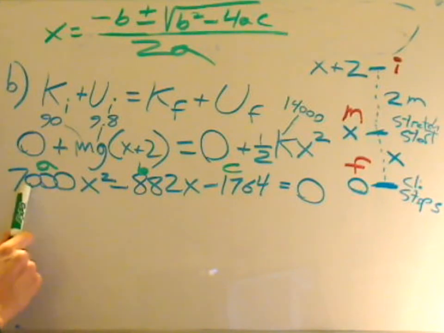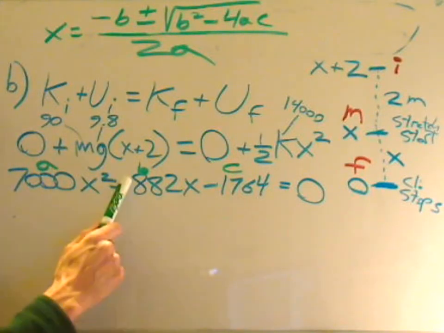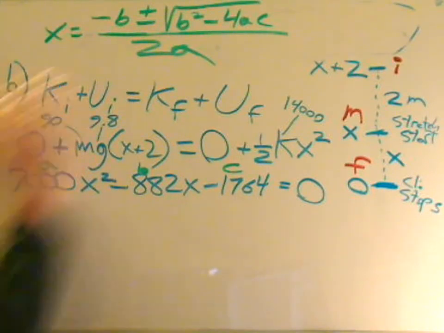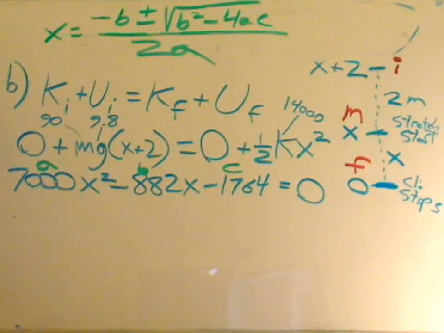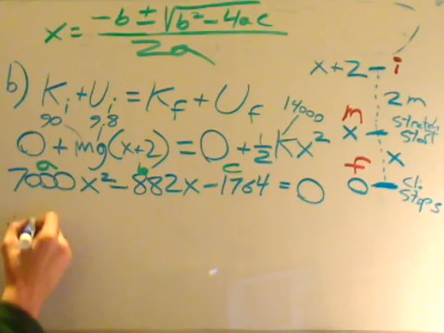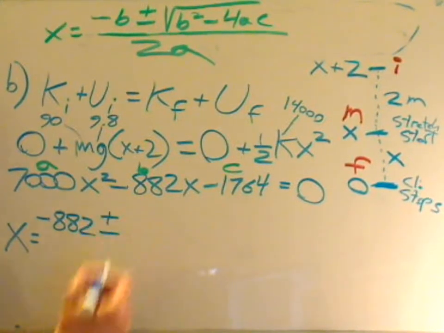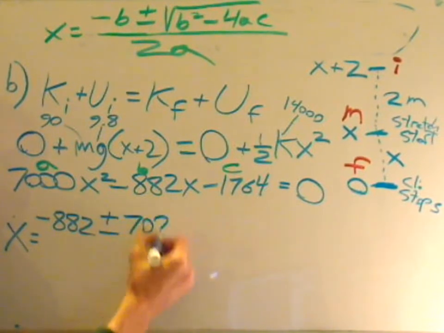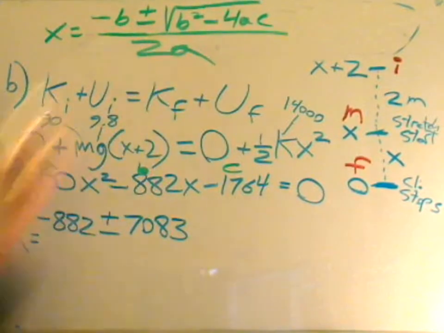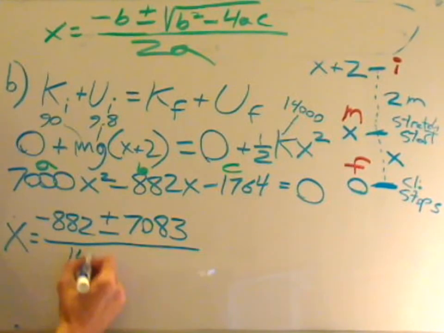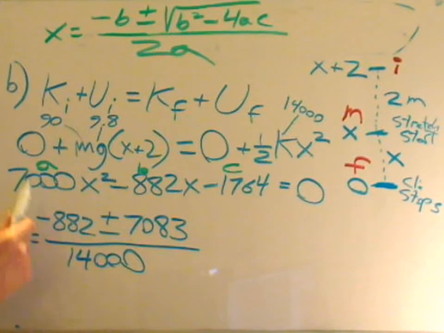So here's A, 7,000. B is negative 882. C is negative 1764. So you plug that all in here, do a little bit of arithmetic, and you find that x is negative 882, that's our negative b, plus or minus 7083, which is this square root of b squared minus 4ac, divided by 14,000, which is 2a, 2 times 7,000.